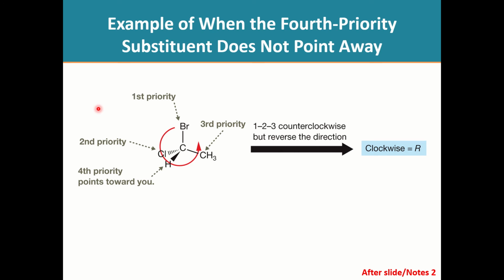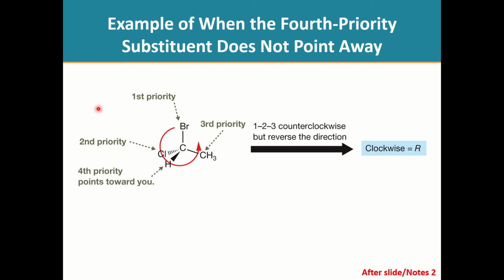So the first step is to prioritize things, which the slide has done for us very nicely. Step 2 says, hey, the lowest priority needs to be a dash. But I don't like rotating molecules because I get confused. So what you can do is just leave it alone. Don't do anything. And proceed to step 3.